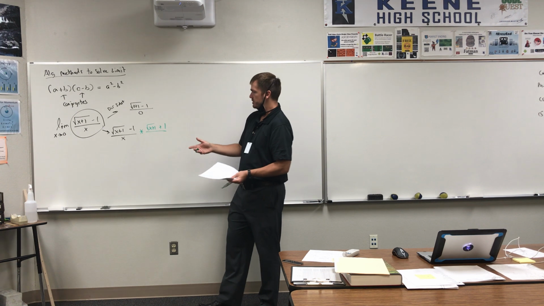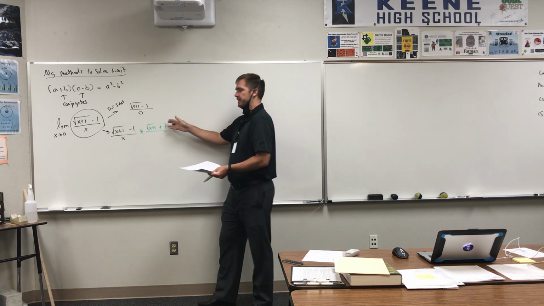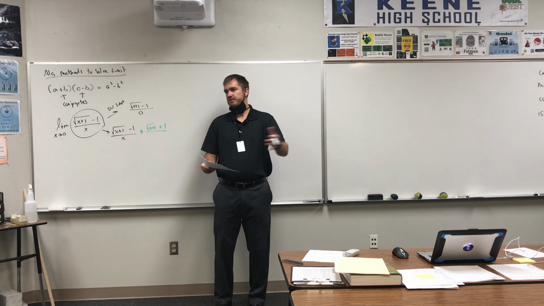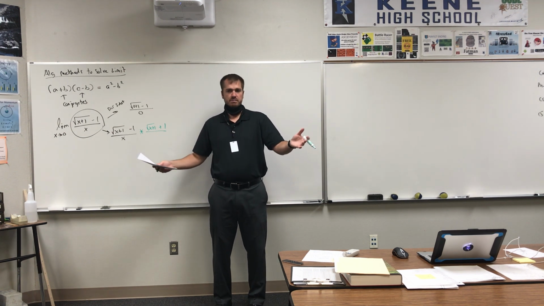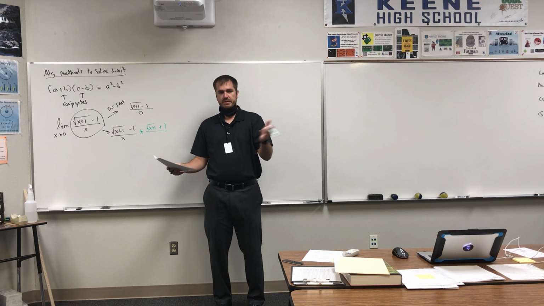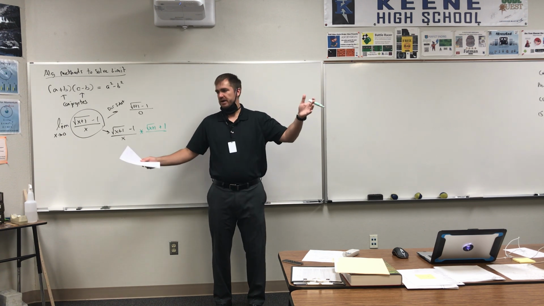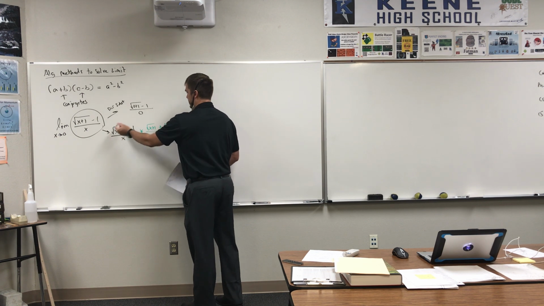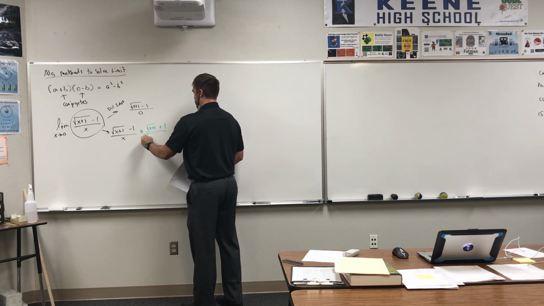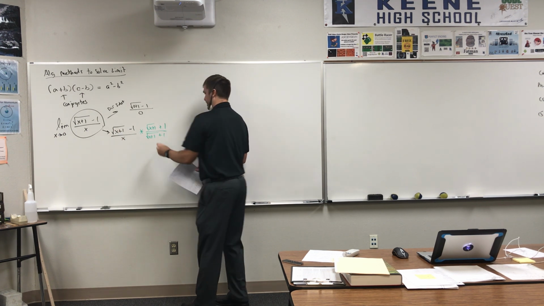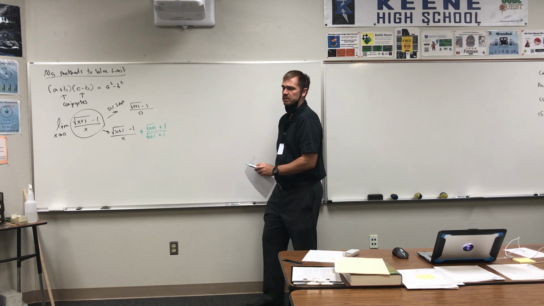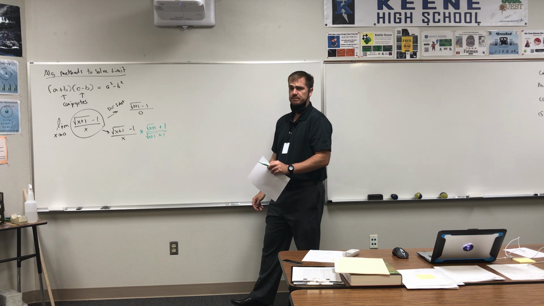Now the problem is that you can't just multiply something by another number because it's going to change the value. You take 5, multiply it by 3, you get 15. 5 and 15 aren't the same. You take 5 and multiply it by 20, you get 100. 5 and 100 aren't the same thing. However, if I multiply this fraction by this fraction, guess what? It doesn't change the value.